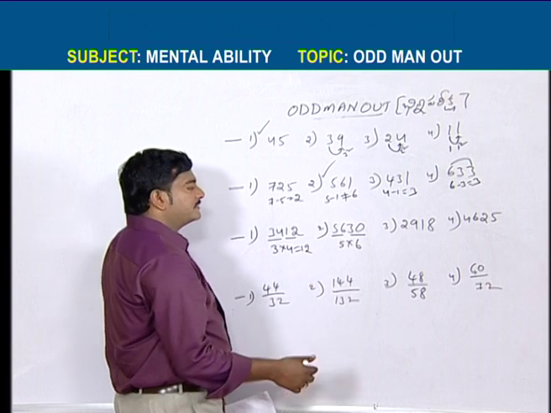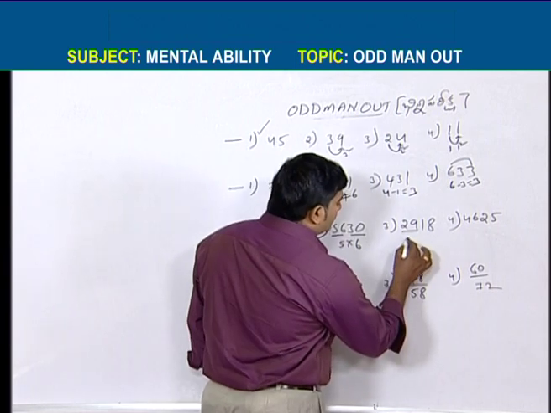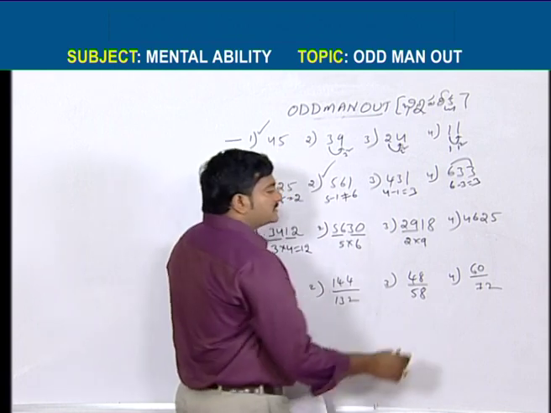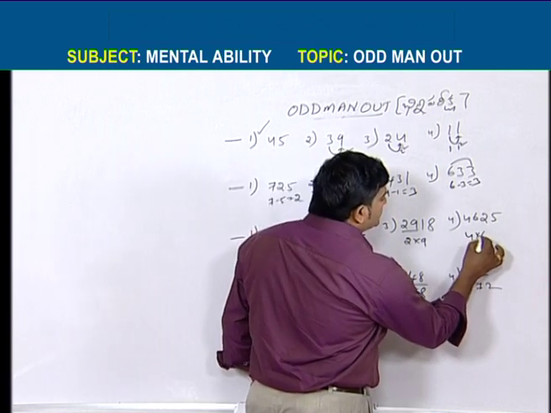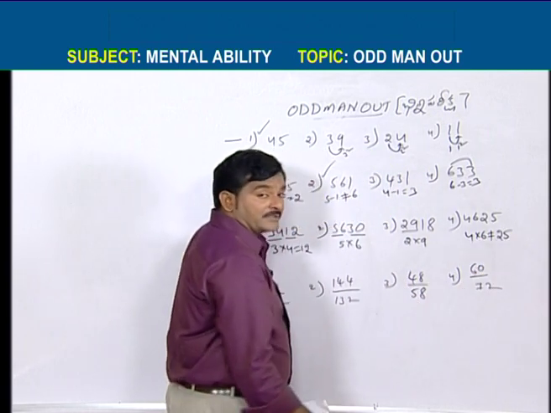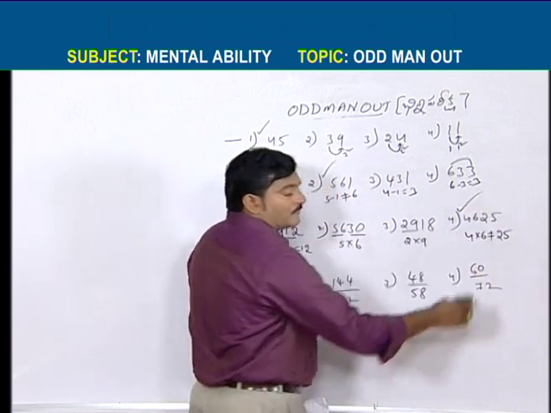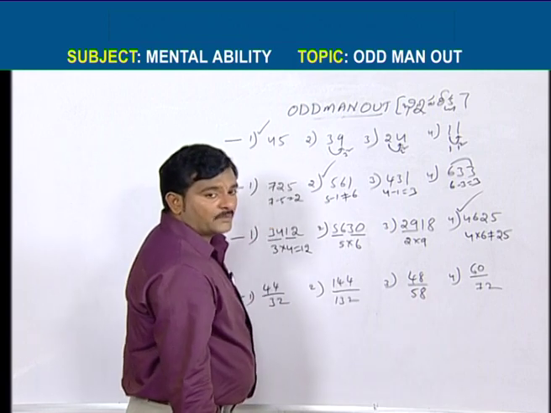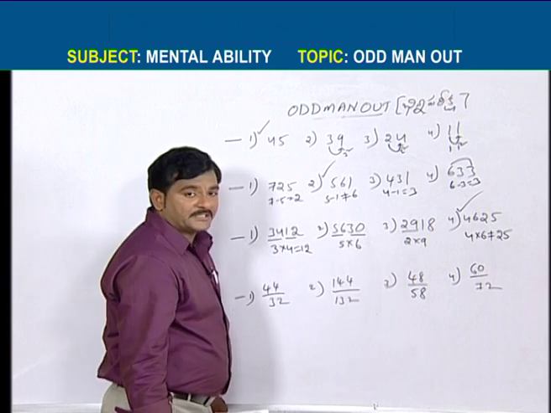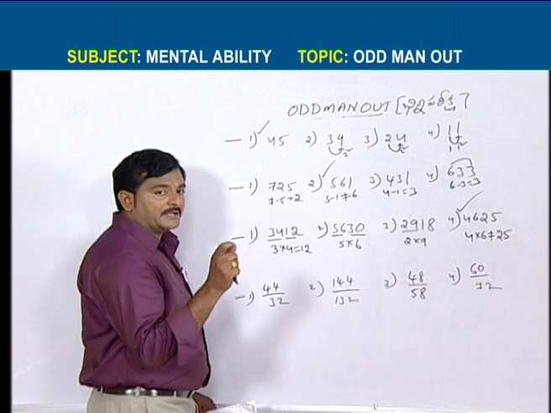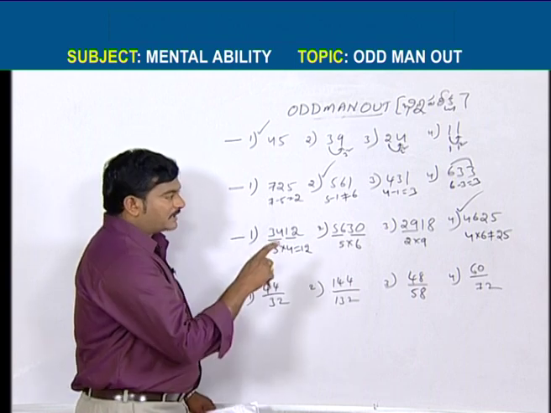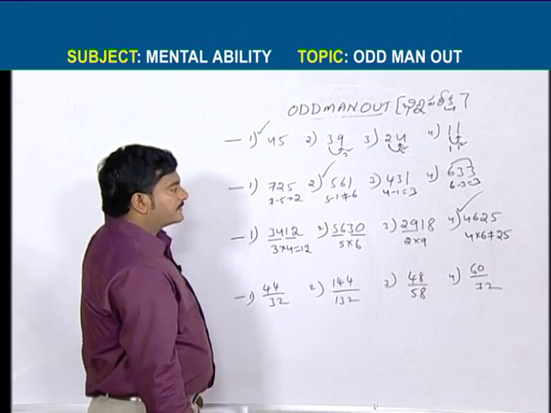Similarly 29: 2 into 9 is equal to 18. It is possible. Similarly 4 into 6 is equal to 24 you have to get, but he has given 25. That's why the fourth one is the answer for this question. I hope you understood this. There are 4-digit numbers in each option. Multiplying the first 2 numbers gives the last 2 numbers, but that is not possible in the fourth option.